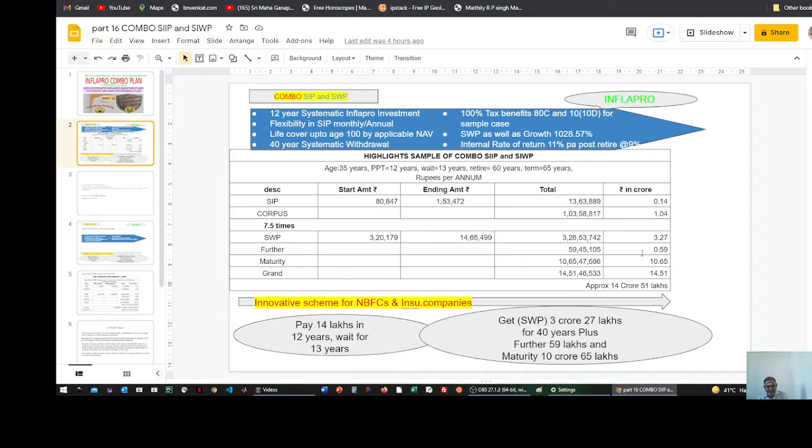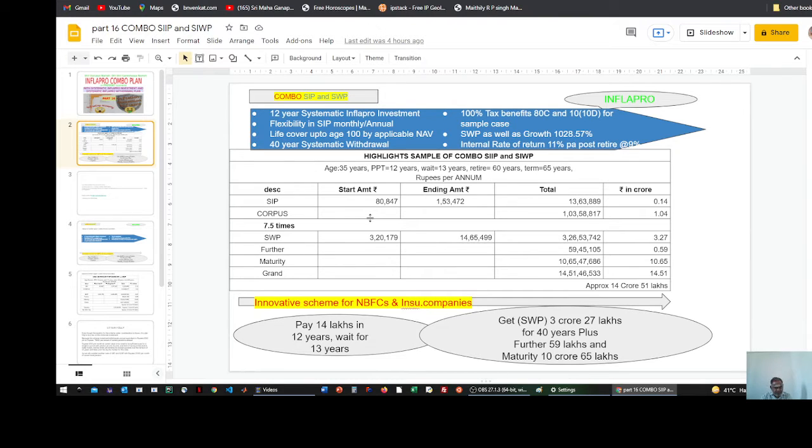And like this we had a further balance payment and maturity amount at 10 crore 65 and so on. We had a scheme worked up, and for this I already showed the web demo. Let me continue with this.